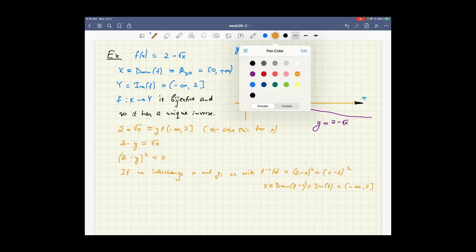And so that is a parabola, x squared shifted by 2 units to the right, and then we only need the left branch of that.